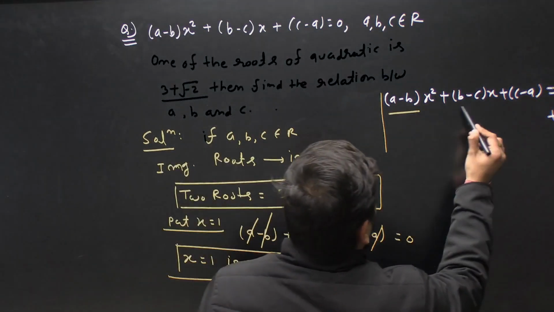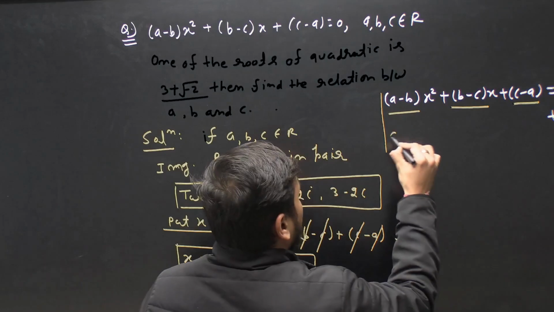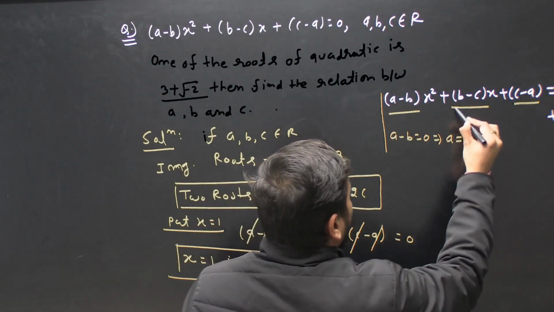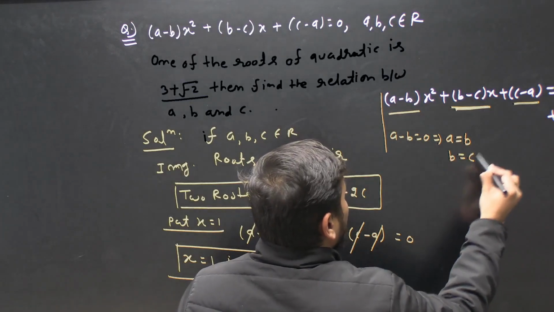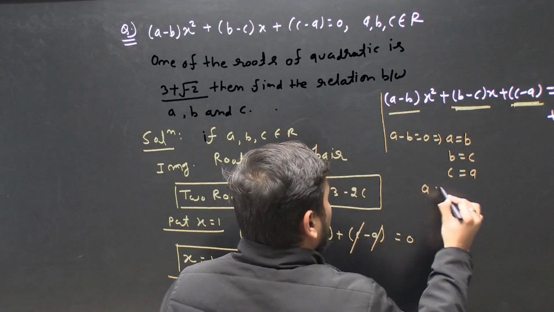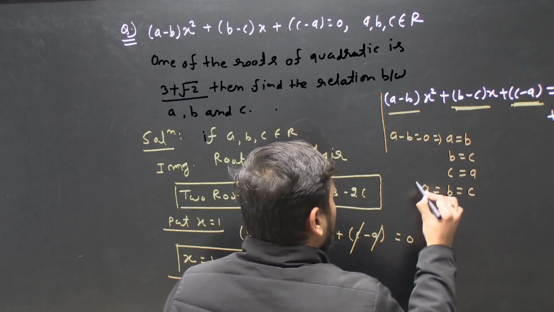So when we equate them to 0, you will get a − b = 0, which means a = b. From b − c = 0, we get b = c. From c − a = 0, we get c = a. So we can say a = b = c.